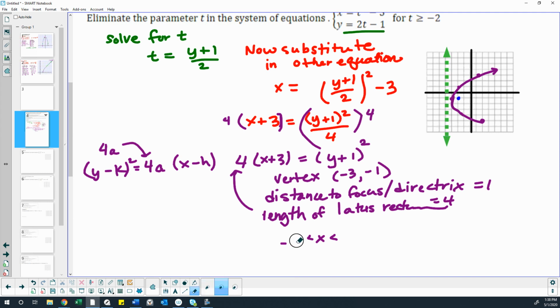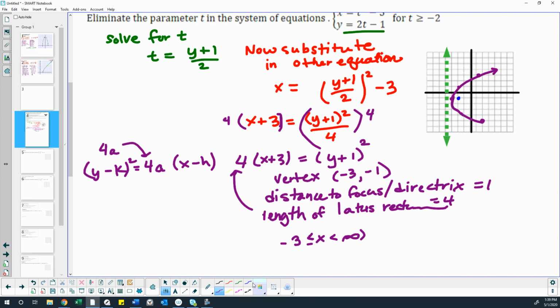It is just a definition of what a parabola is, but the graph is not getting closer and closer to the directrix. The closest the graph goes to the directrix is that distance 1 away from it. So, I'm glad I'm looking at my notes for that. So it does go clear to that -3 at that point, correct? Because that's the vertex. And then it's going to go to infinity this direction.